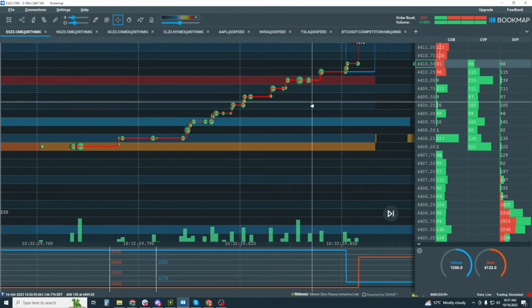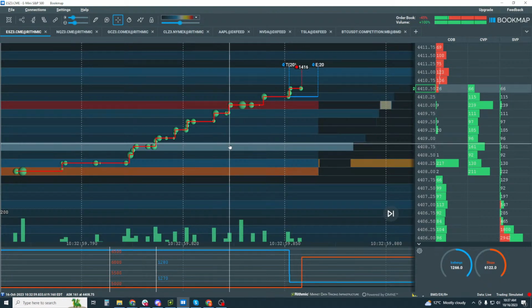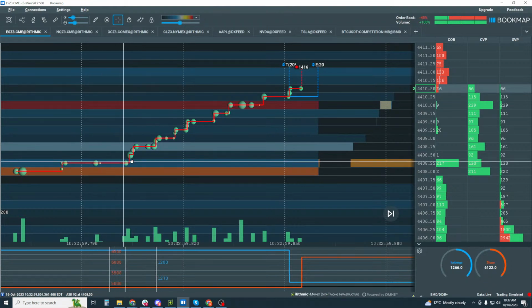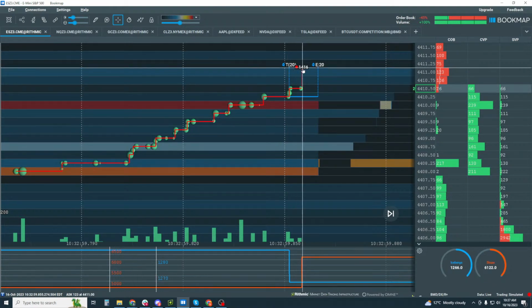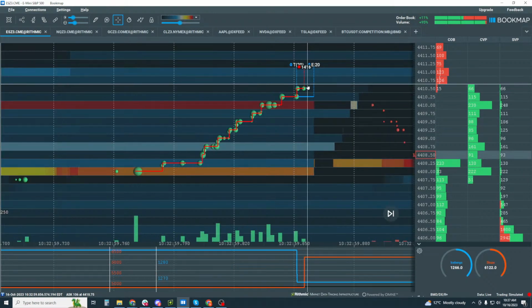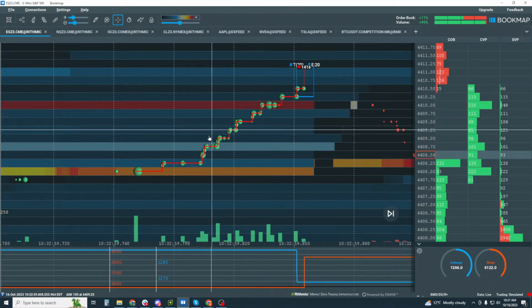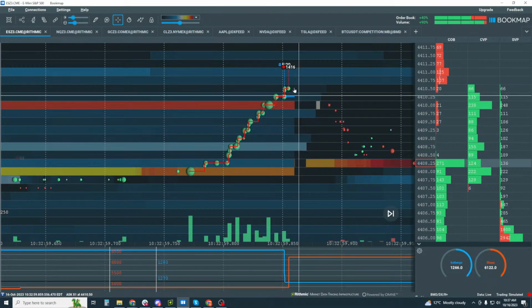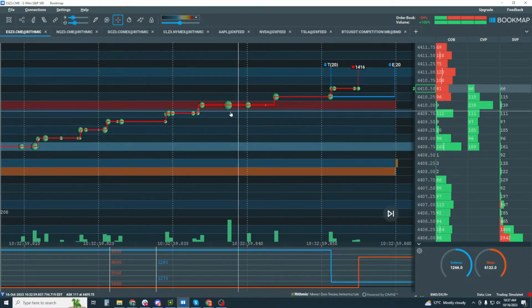Now, we know this is a stop run. What we know about this red line, showing 1416, is that's the total of orders in here that are actually stop orders. Looks like to me.